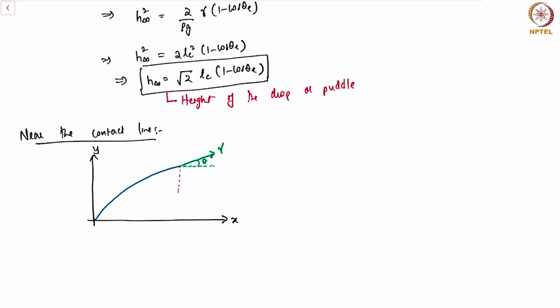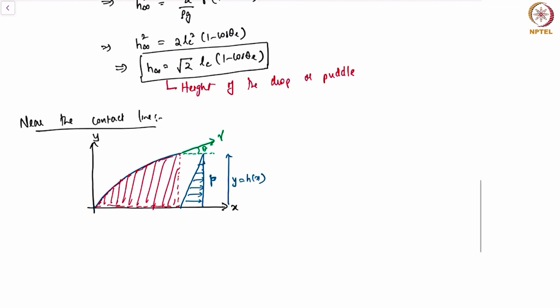My control volume of interest is this one, and again I have the same idea. The pressure varies linearly. This is the pressure, and at this height the local height is y equals h of x.